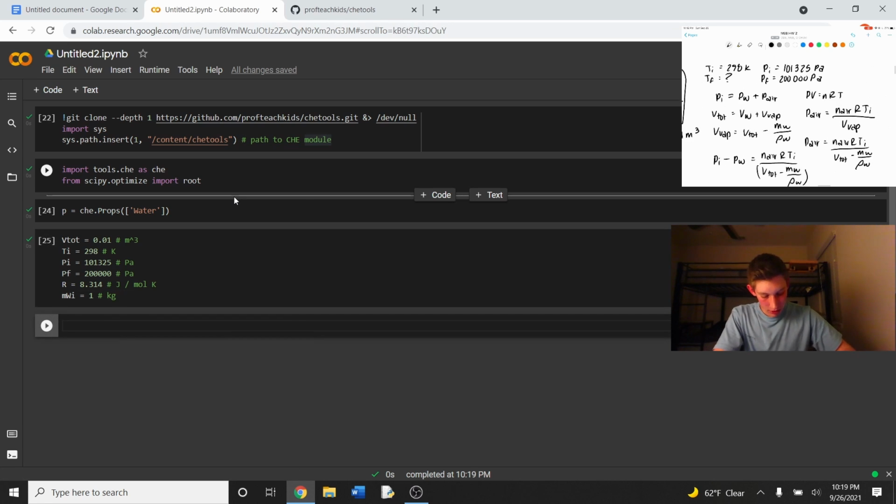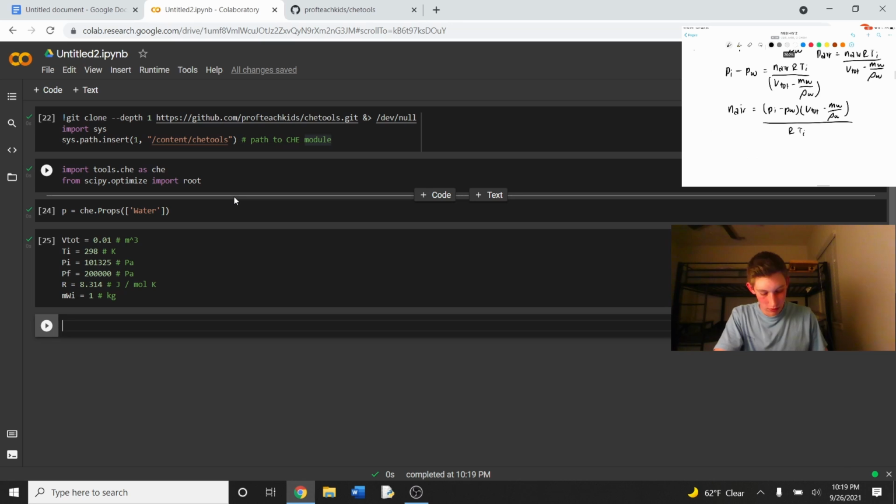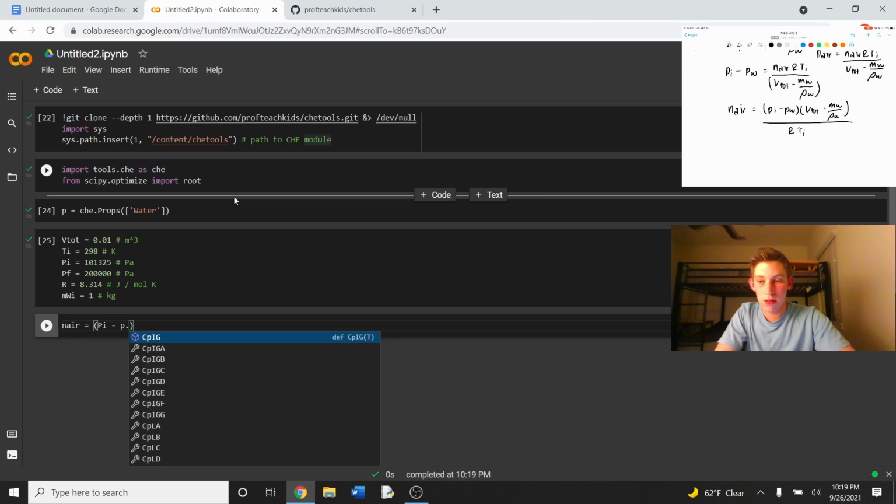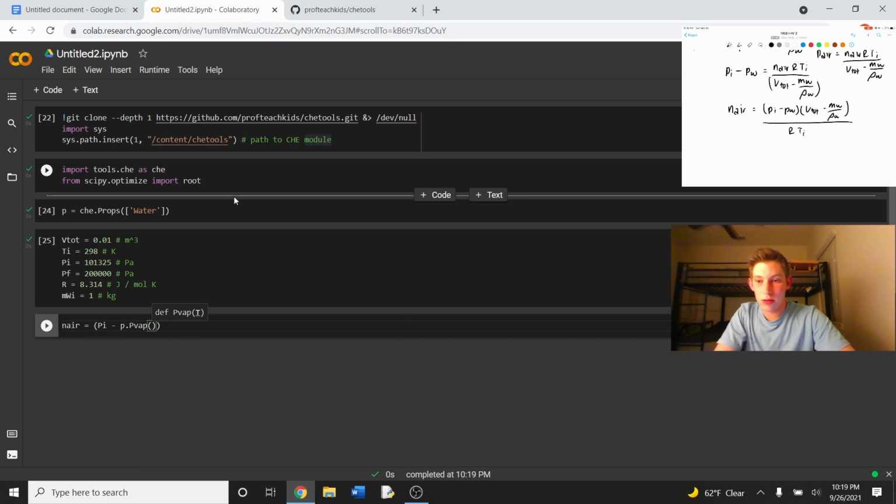So we can put in this equation for the moles of air. We'll call it N air as we have on the iPad, and this equals our initial pressure minus the pressure of water, which we can use with this tool, PVAP, and then we have it at our initial temperature.